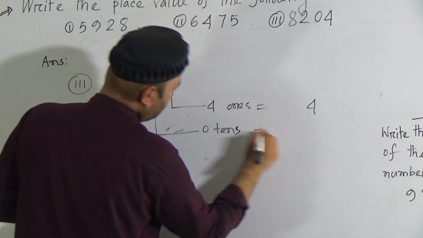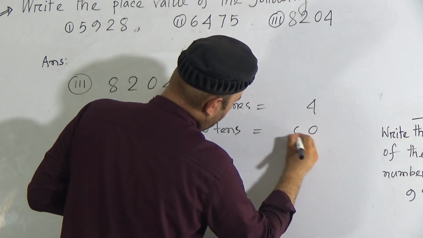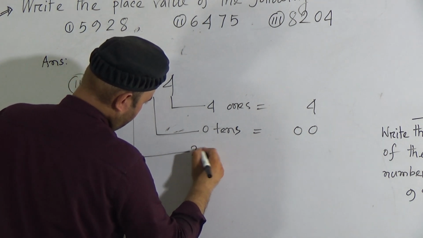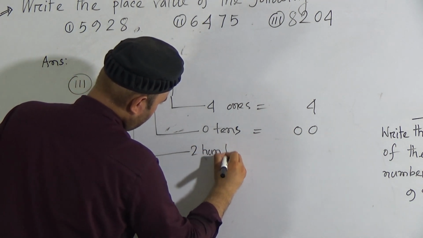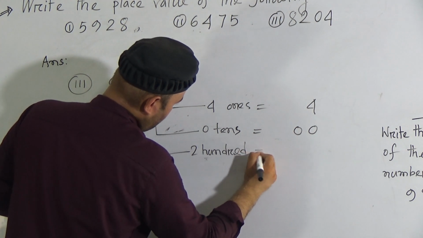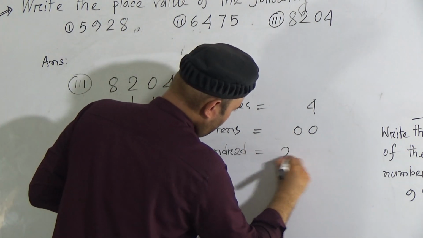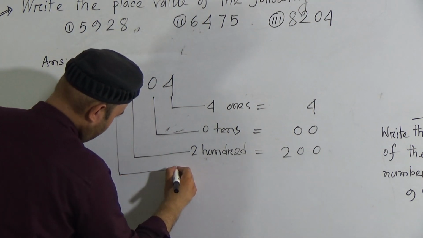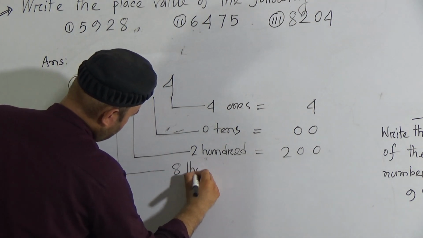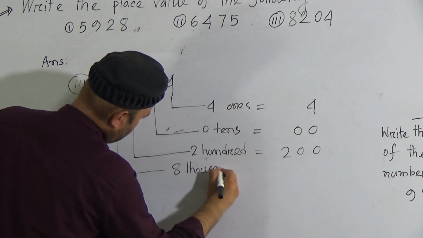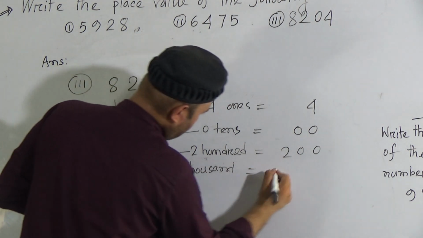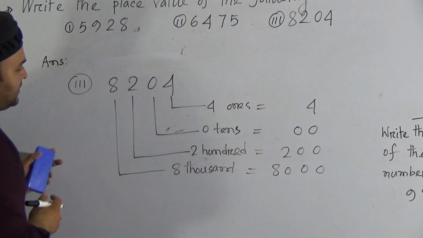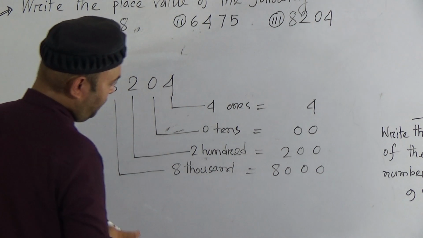So here it will be 0 and 0. 200 equal 200, and the last digit here is 8000, that is 8000. So this is the place value of 8204.